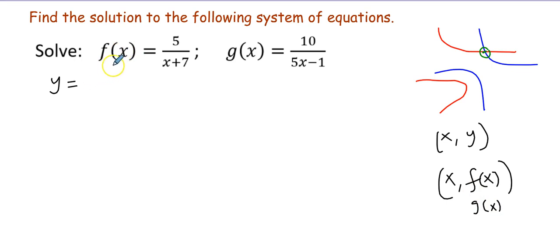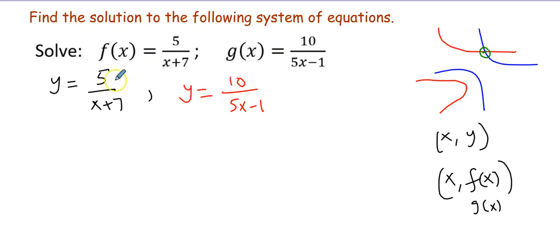So here we are writing f of x as y equal to 5 over x plus 7, and g of x is again y equal to 10 over 5x minus 1.